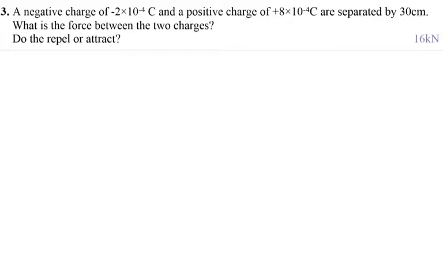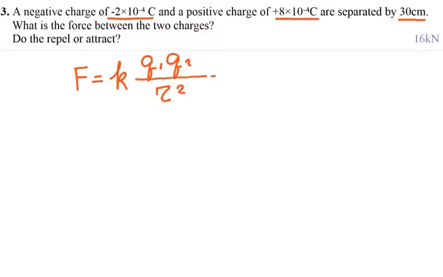Here's another question that I'm going to solve for you just for practice. I need to find the force between two charges. One is charged at -2 × 10⁻⁴ coulombs, and the other one is 8 × 10⁻⁴ coulombs, and they are separated by 30 centimeters. The force of attraction is equal to k, charge of the first one, charge of the second one, over the distance between them squared. k is 9 × 10⁹.